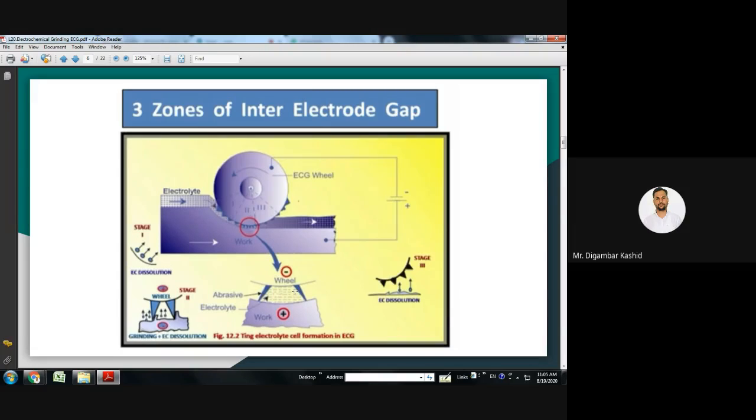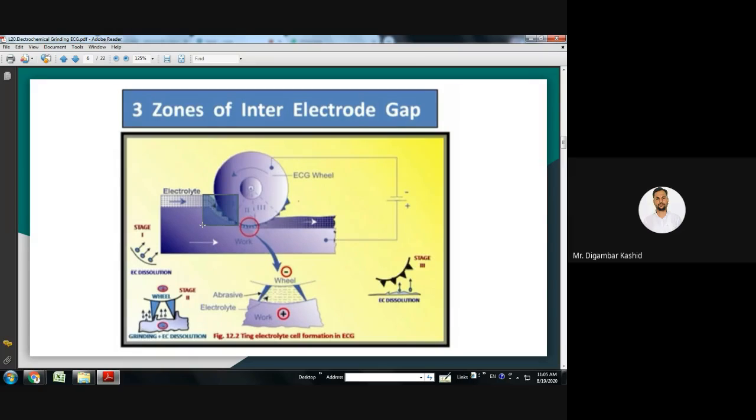Now, in the case of zone 1, only electrochemical machining predominates, because here the grinding wheel does not touch the workpiece. Here also you can see this is zone 1.